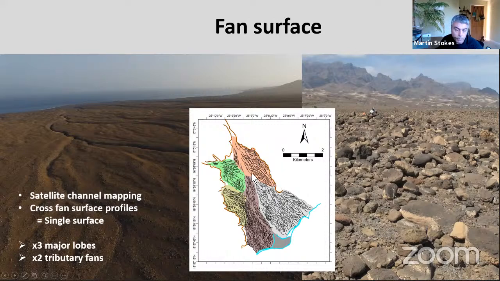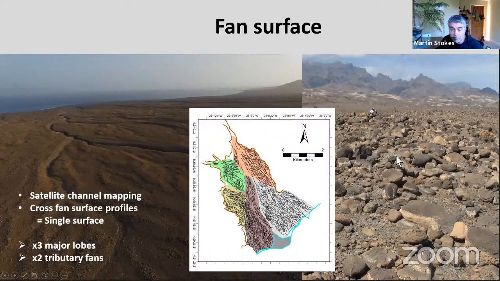So there's a proximal lobe, and then two large mid to distal fan lobes, and then there's a couple of tributary fans coming in from the west, which we're not so interested in. So it's these three lobes which are the key to our analysis, and without this drainage network analysis we wouldn't get any insight into it at all.